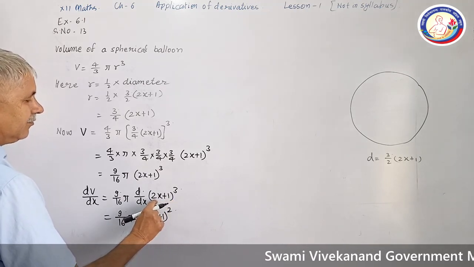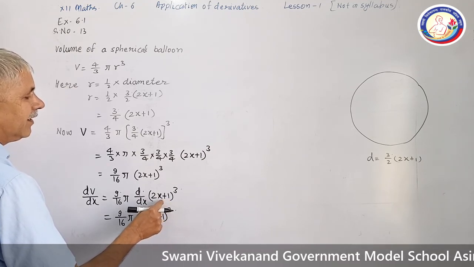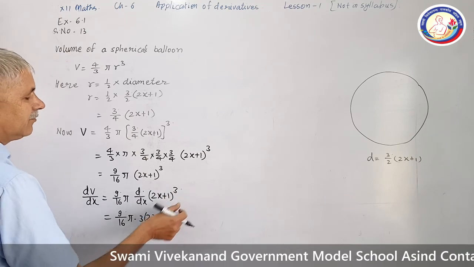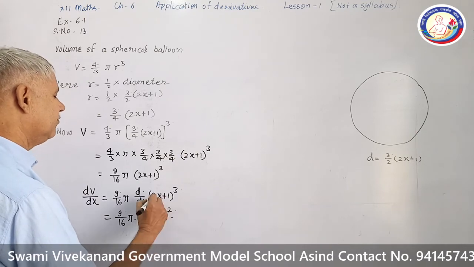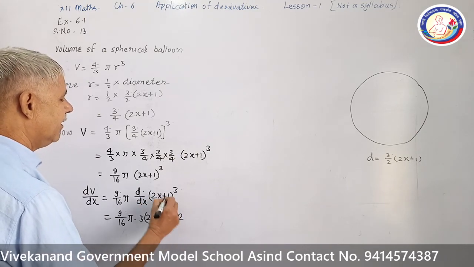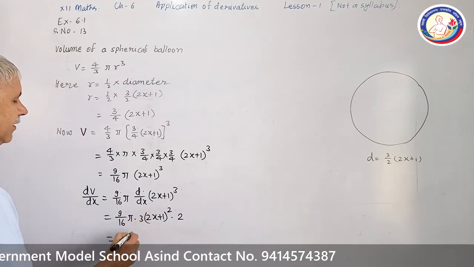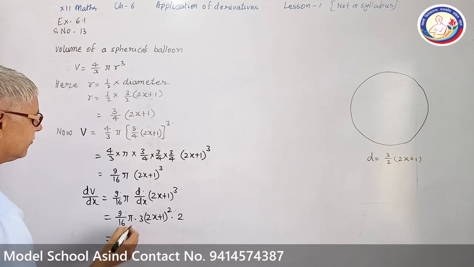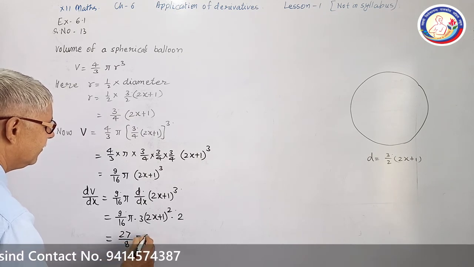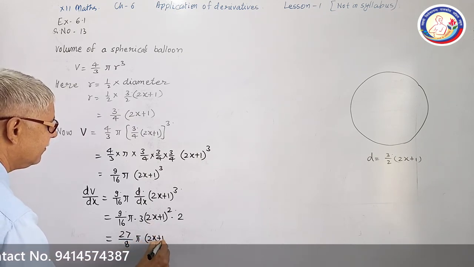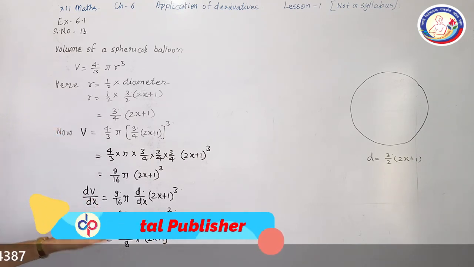We have found first 2x plus 1 whole cube as a function. Just say put here t, we will get here t cube, and the derivative of t with respect to x. And then again, if we put the value of t, we will get this 2x plus 1. The derivative of 2x is 2 and 1 is 0. So 9 into 3, that is further 9 into 3, that is 27 by 8 pi into 2x plus 1 whole square. This is the rate of change of volume with respect to x, the variable here.